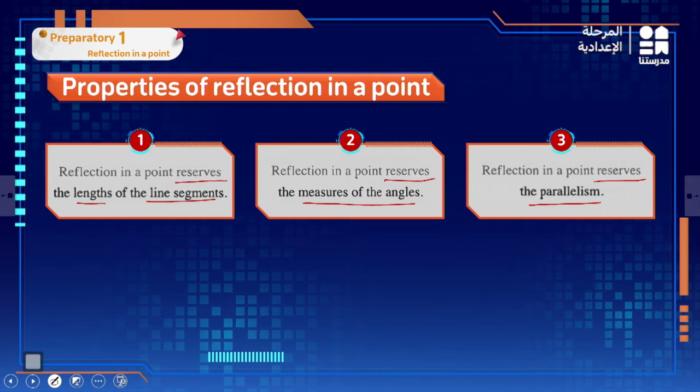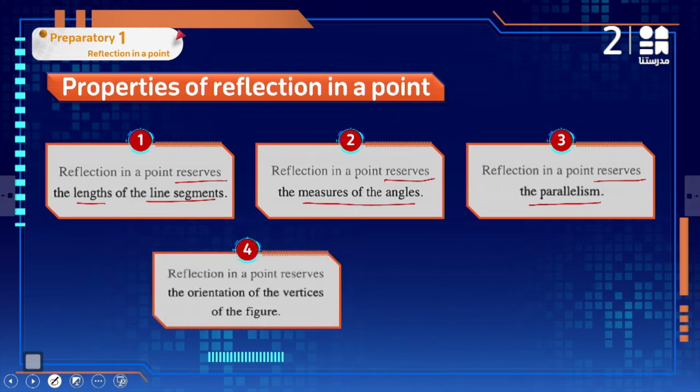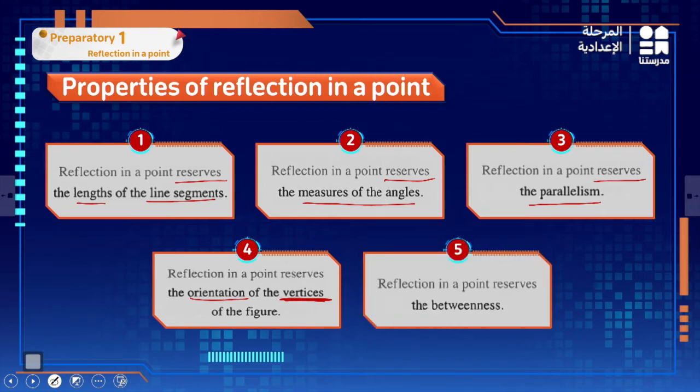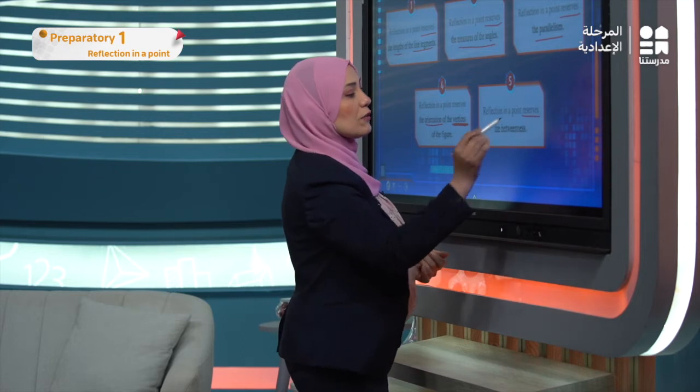The image of a line segment will be a line segment parallel to it. 4, reflection in a point preserves the orientation of the vertices of the figure. Okay, keep that in mind. We are talking about vertices right now. Then number 5, reflection in a point preserves the betweenness.